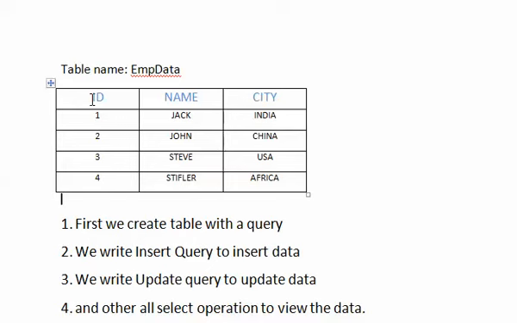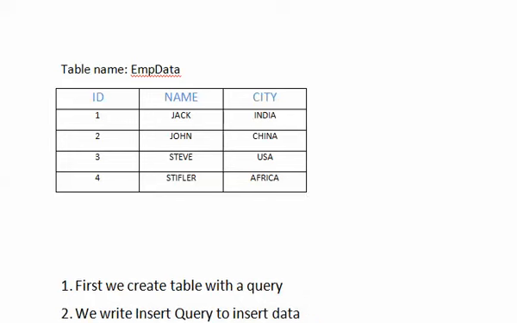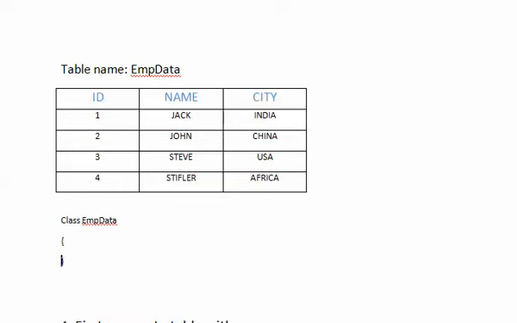When we create a class called emp data, just think we have a class emp data, open and close braces, and we have fields: int id, string name, and string city.